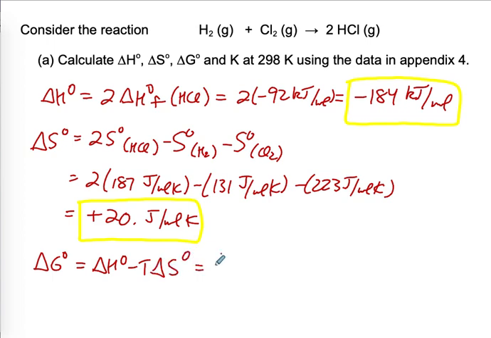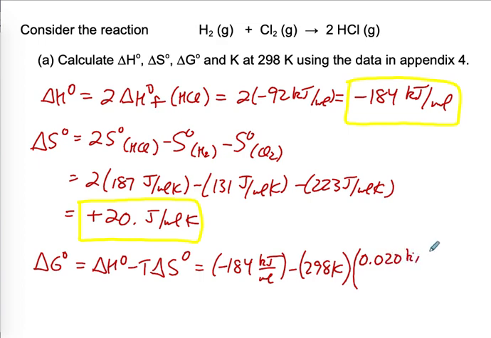So this will be equal to negative 184 kilojoules per mole minus the temperature of 298 Kelvin times delta S naught converted from joules per mole Kelvin to kilojoules per mole Kelvin, so our units work out consistently. And that gives me a value of delta G naught of negative 190 kilojoules per mole.